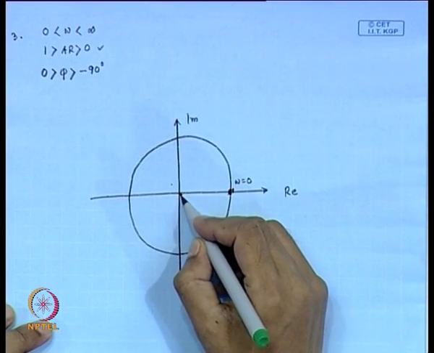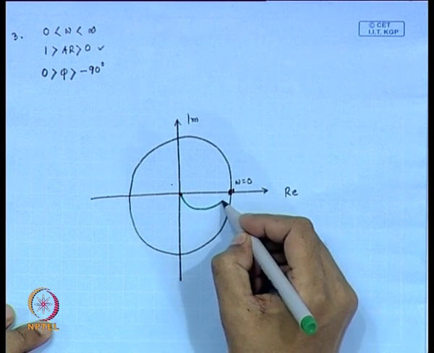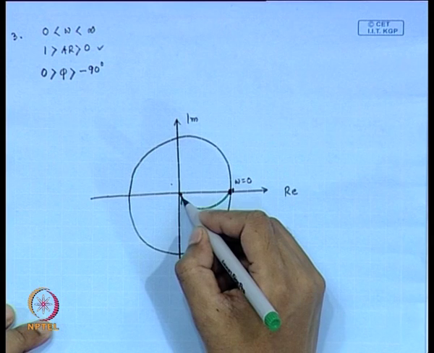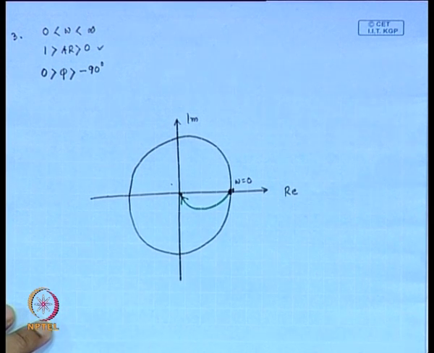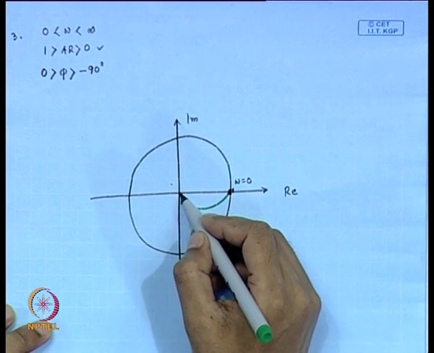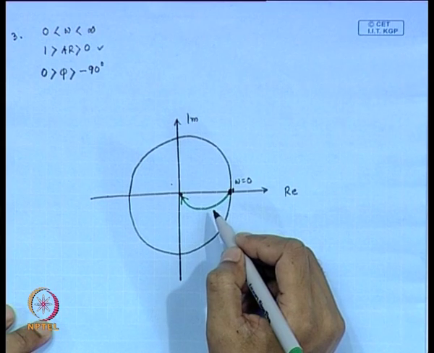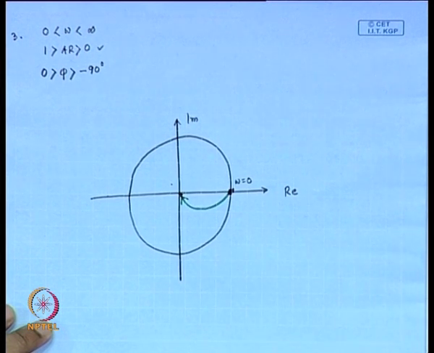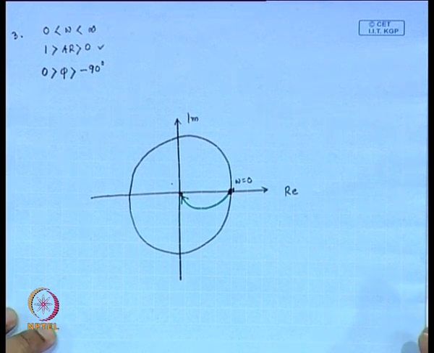If we use intermediate points in this complex plane, then we will get the polar plot like this. And this is the direction. This is the starting point, this is the end point, and we need to take few intermediate points. Then we will get this type of plot.